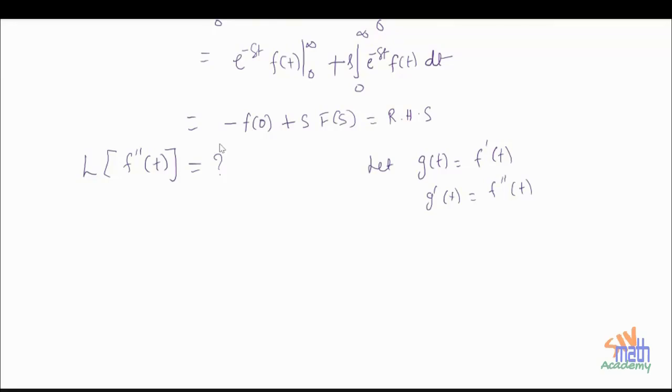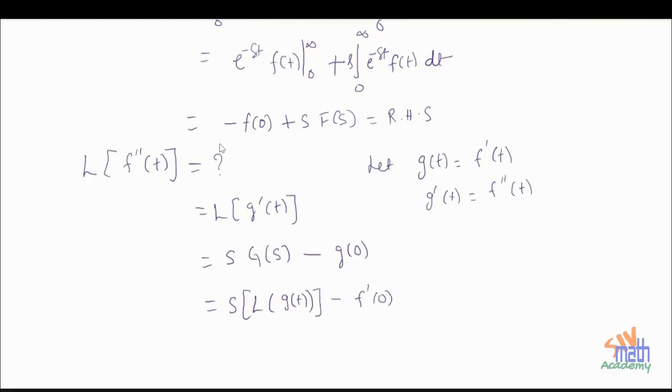So L of f double dash of t, you can write as L of g dash of t, correct? So this is equal to s into G of s minus g of 0, correct? Which you can write as s into G of s, that is L of g of t, minus g of 0. Substitute here 0, f dash of 0 is coming.